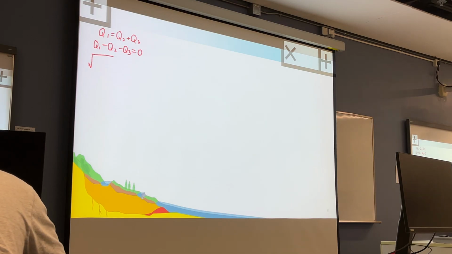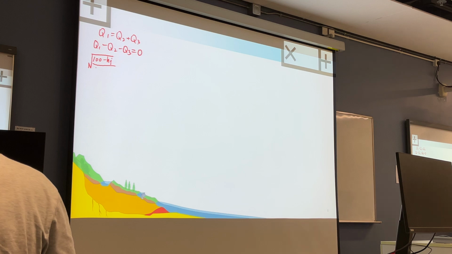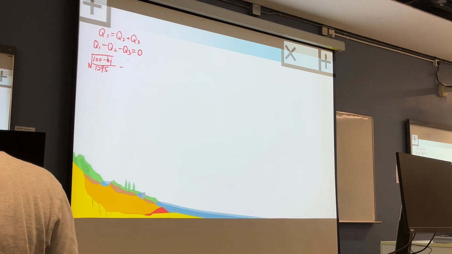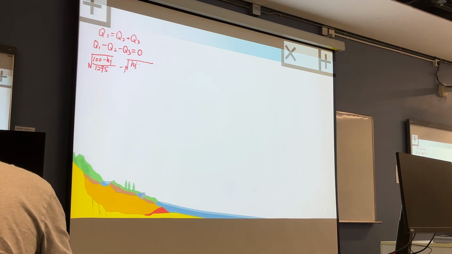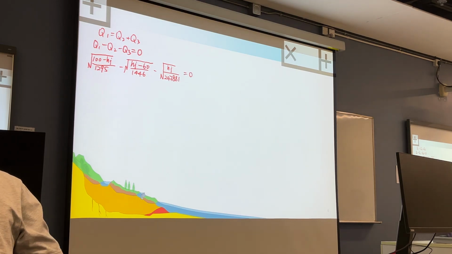So we have the square root of 100 subtract HJ over K1, 1295, subtract the square root of HJ subtract 60 over 1446, subtract the square root of HJ over 247,881 is equal to 0. Now the task is to find out the HJ.